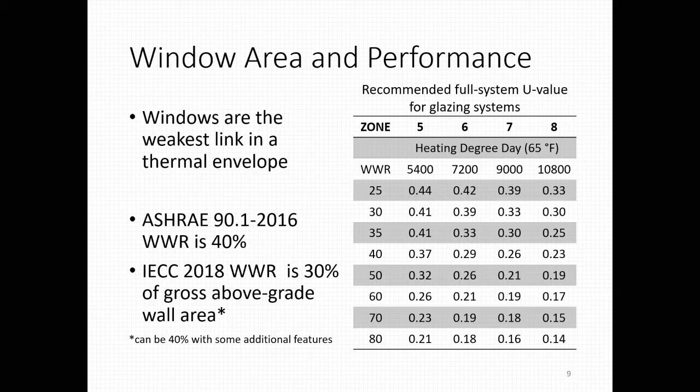But considering that the windows are the weak point, there needs to be a financial balance between your opaque assembly and your window assemblies. But for the life of your building, it's always good to get the highest overall average R value for your envelope that you can.